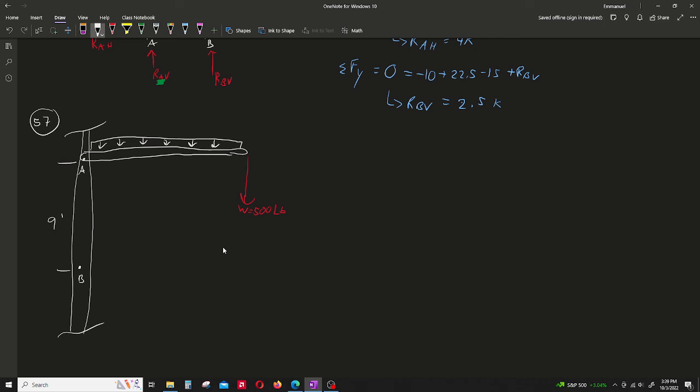With a W of 800 pounds per feet. So that means big W in this case is going to be, what's the total length of this? 12 plus 4, right?